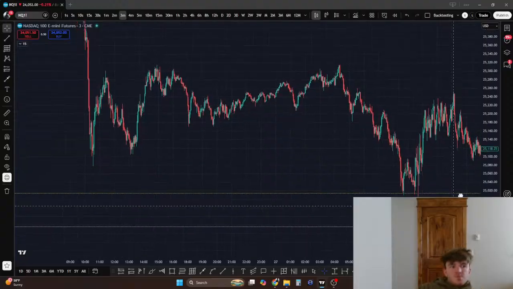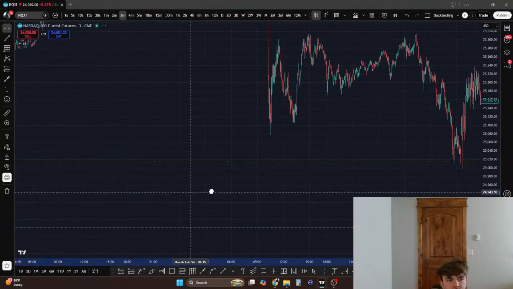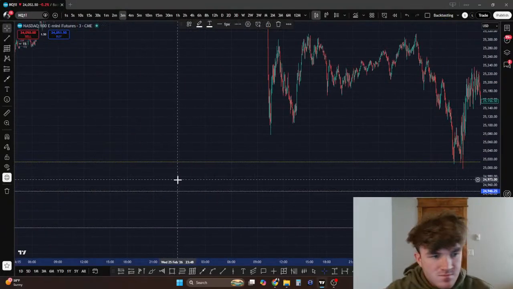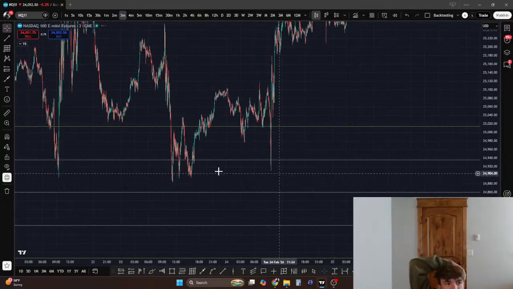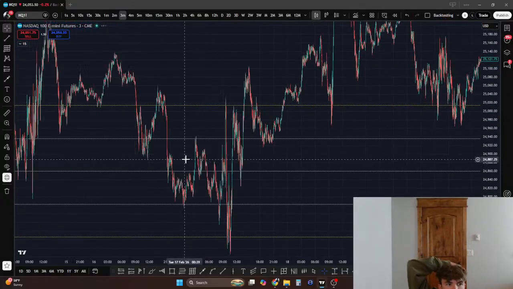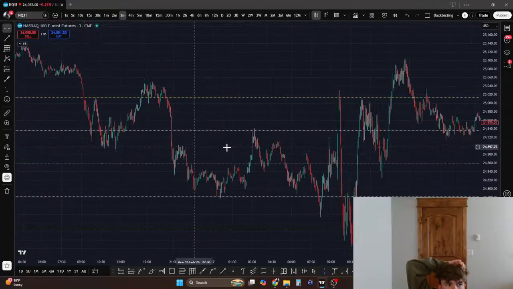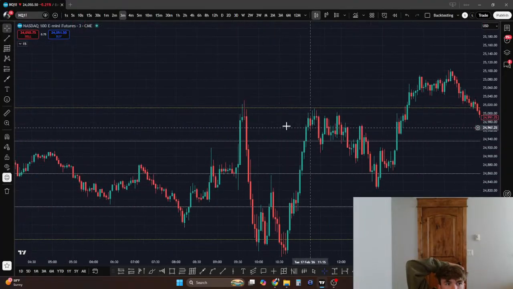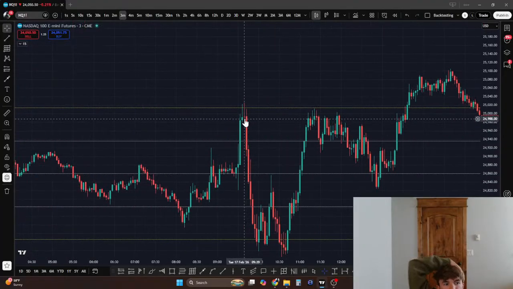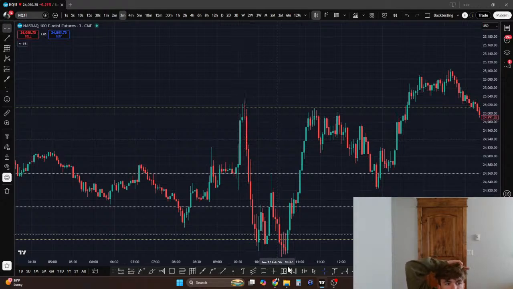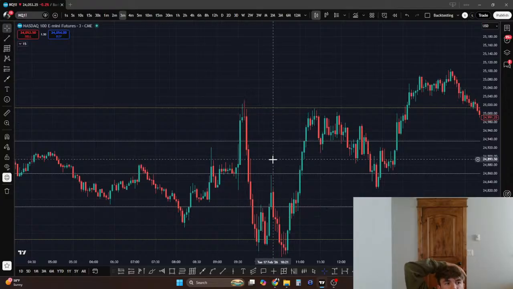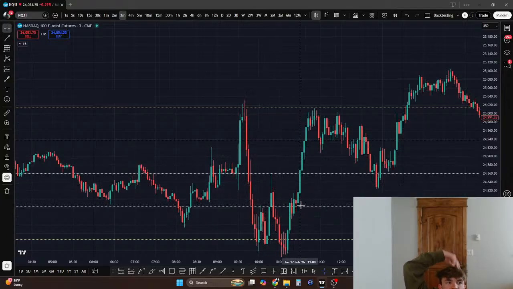It's definitely a pin bar. Pin bar down to the opposing end. Nuts.